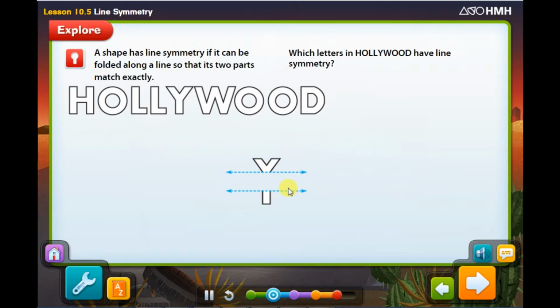You can't really fold the letter here, but if you could, the two sides would look like this. Do the two sides match exactly when folded? No, they don't. So Y doesn't have line symmetry along a horizontal line.